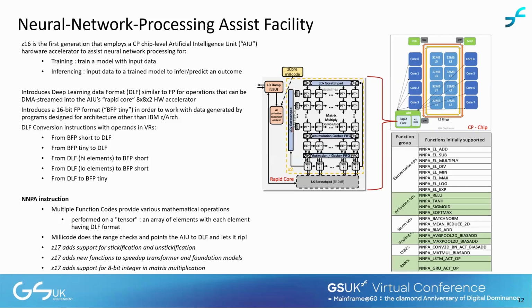Whereas with the hardware, now you can just load the matrices of tensors directly into the AIU and process natively in hardware. So that allows much faster turnaround with hardware-based action instead of aggregated software based action.